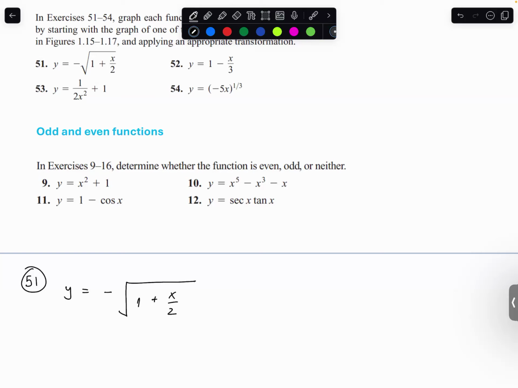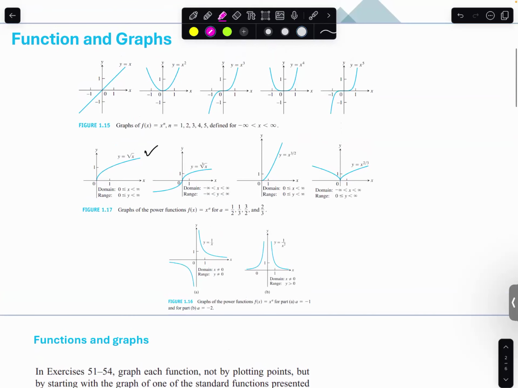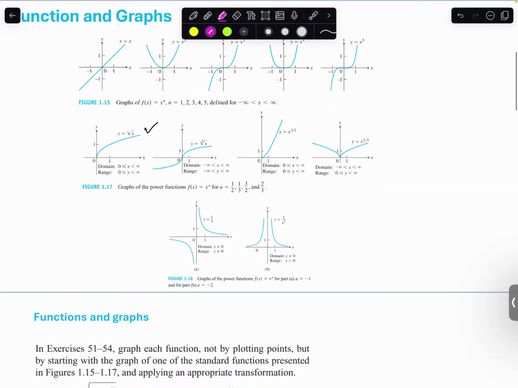If you look here, our independent variable x is under a square root. And if we look at our graphs, the more appropriate graph to use here is the graph of y equals square root of x, which is shown here.